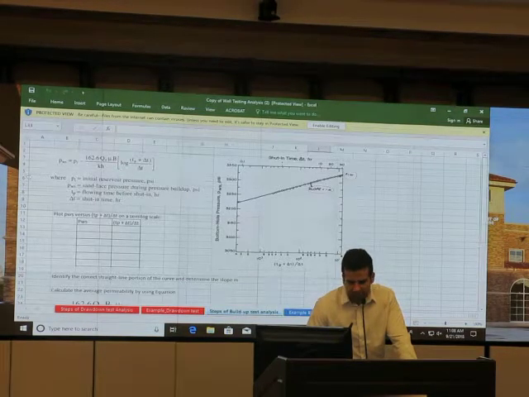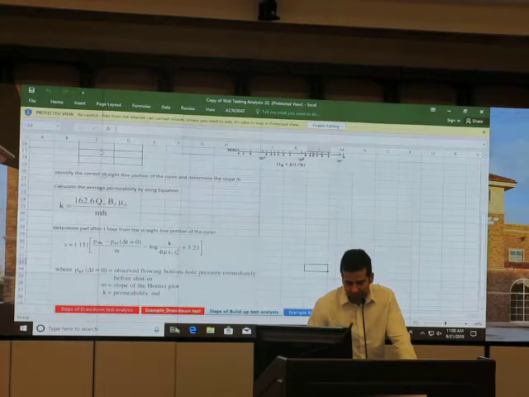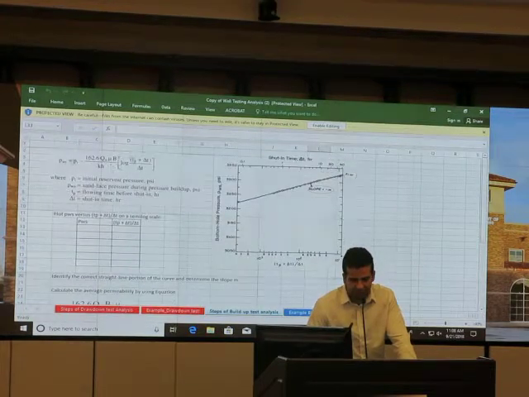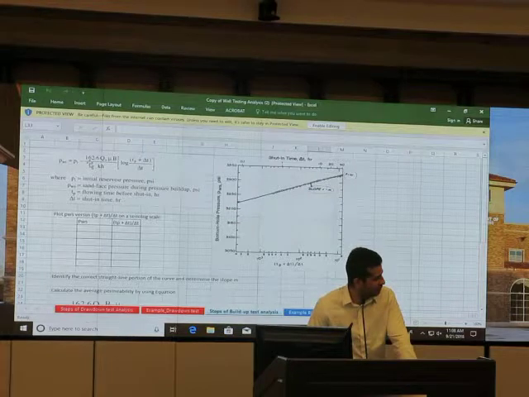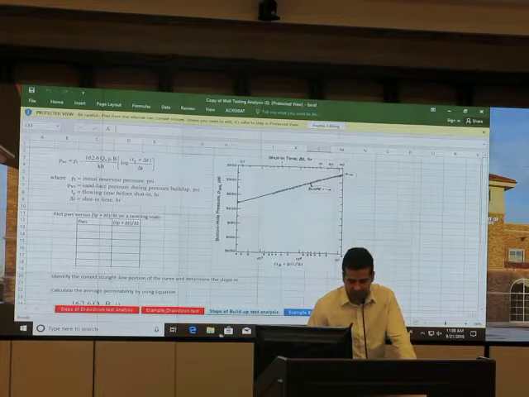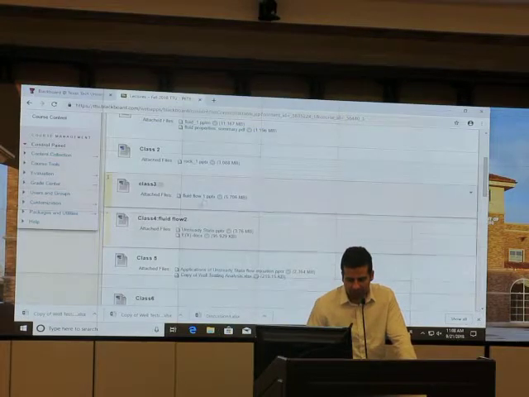This equation, no, this is for build-up. The one that's like 1.15, 162. You see this one? And it has different terms. So let me just show it so you don't get confused.